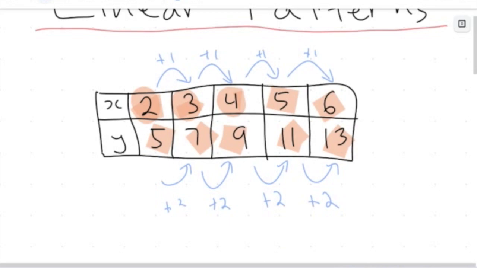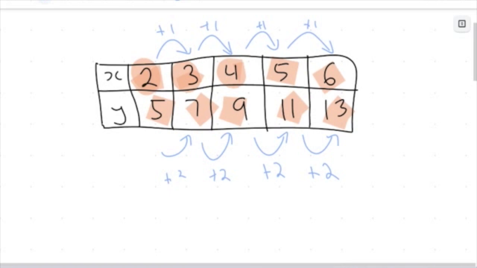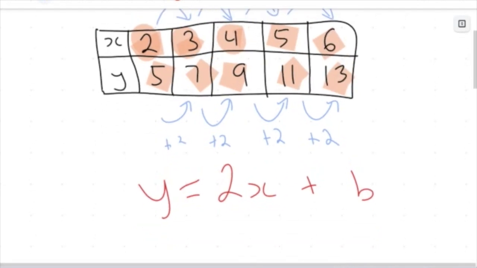And that, in essence, gives us what our gradient is. So if I wanted to come up with a pattern here, well, my y would equal 2x plus some other element, because my gradient tells us the change in y for each change in x.